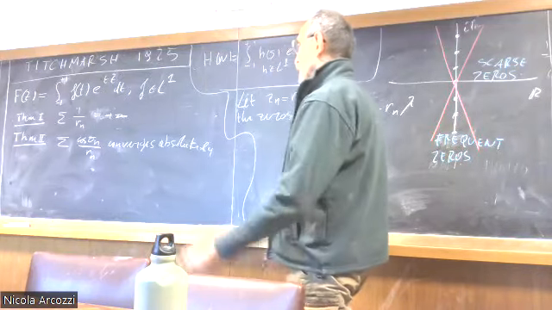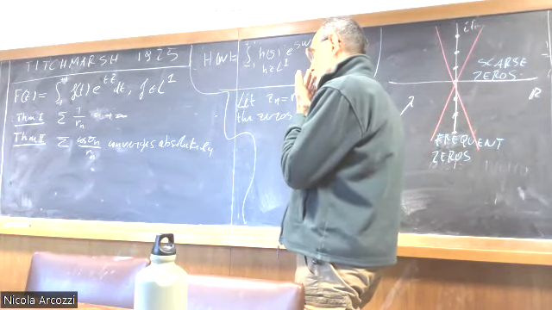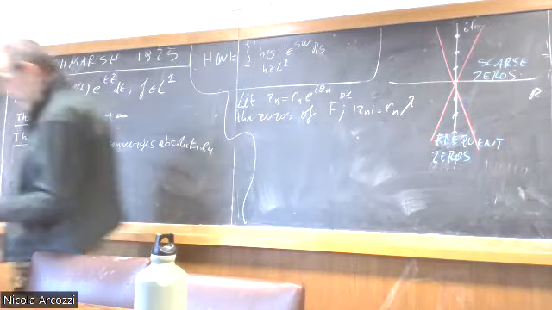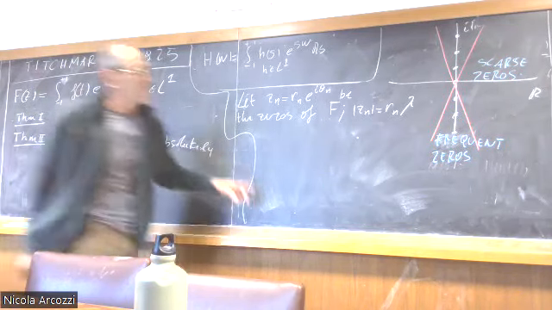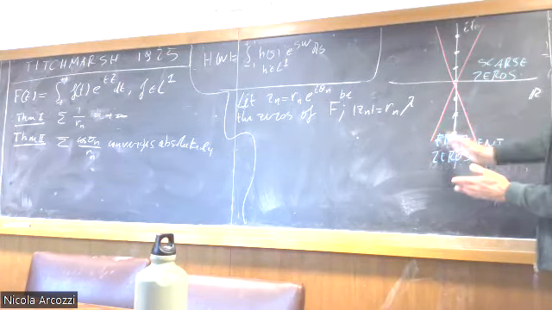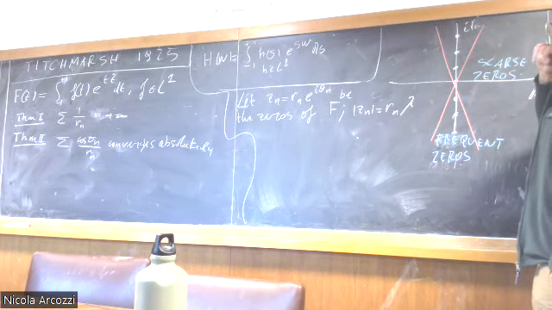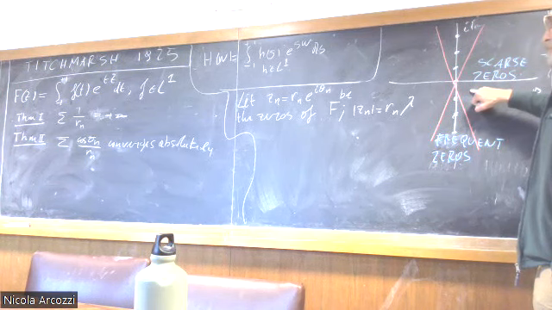But the ones for which cosine of theta_n is very close to 0, which are the ones closer to the imaginary axis, cos theta is small near pi half.